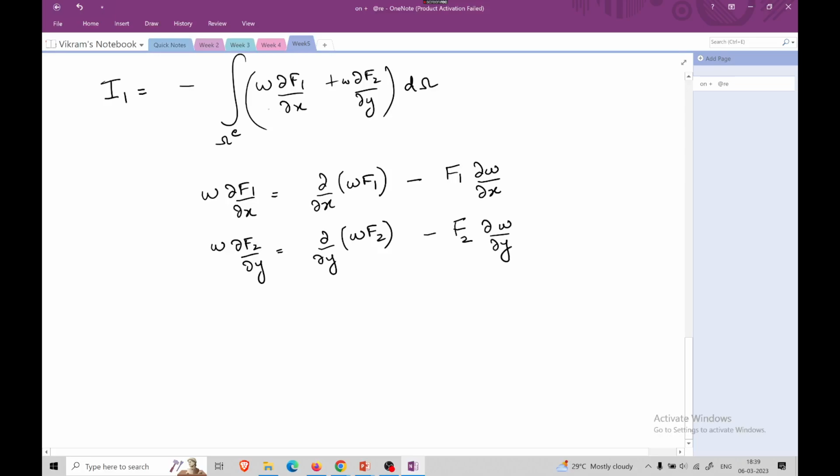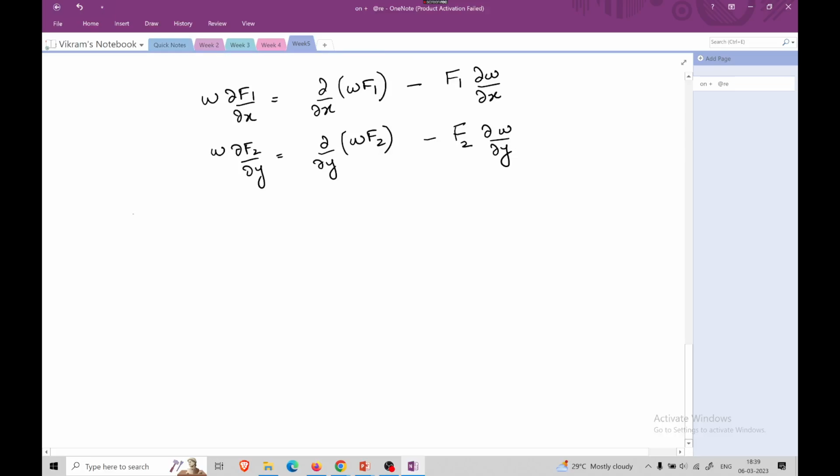So if I add both, I am essentially going to add everything. So I1 again. I have a minus sign here.